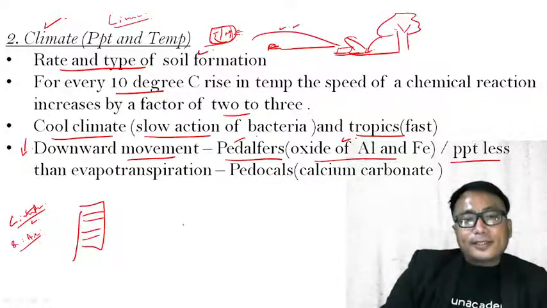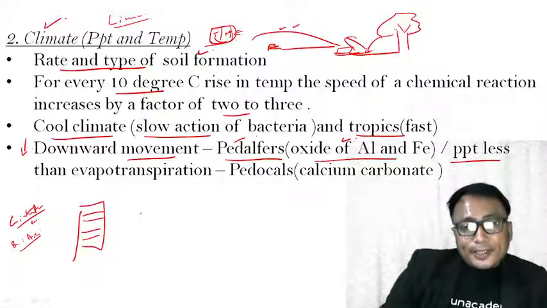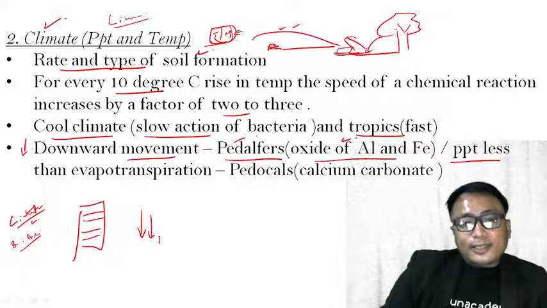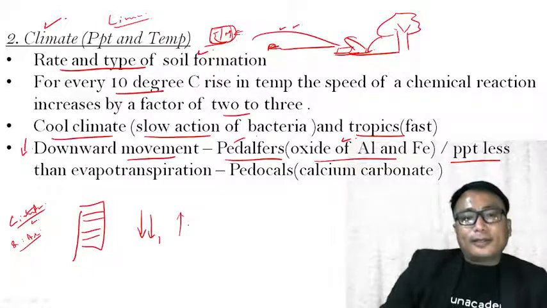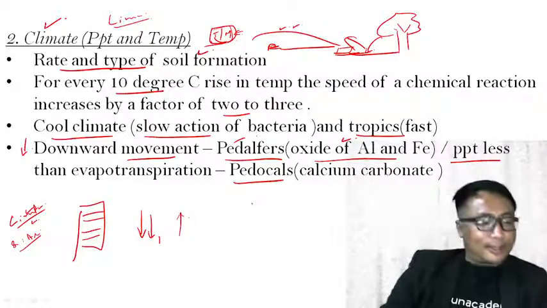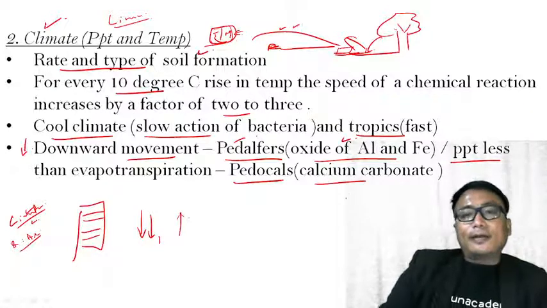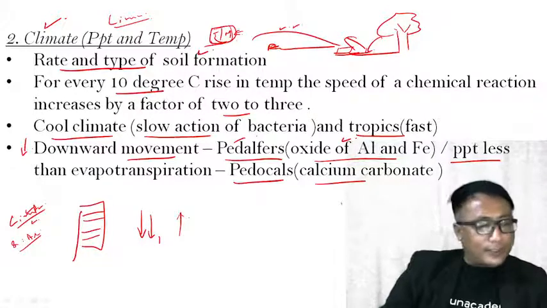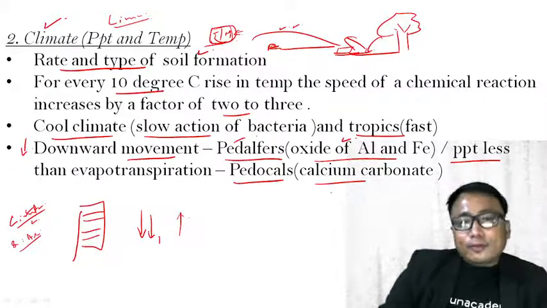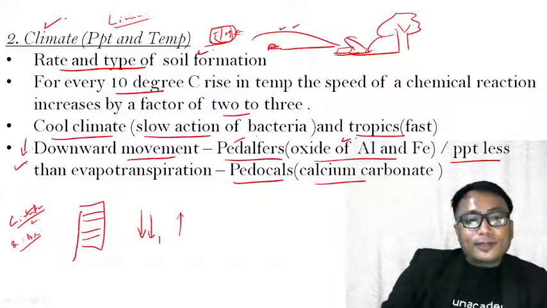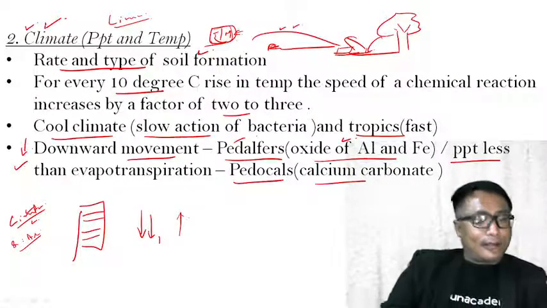But in a place where the precipitation, that is the rainfall, is less as compared to the evapotranspiration, then you will have a soil that is of Pedocal, that is a calcium carbonate rich soil system. That is also an influence put forward by climate.